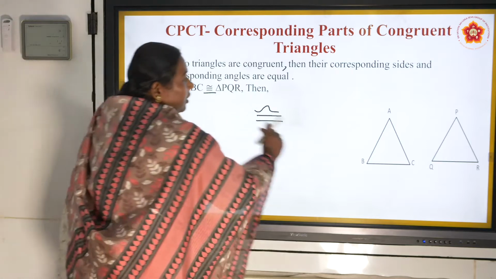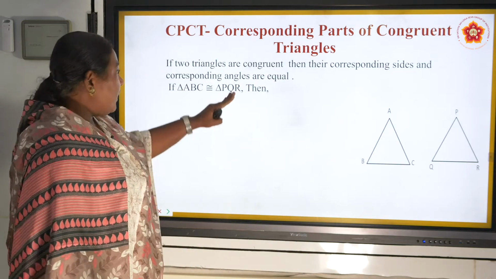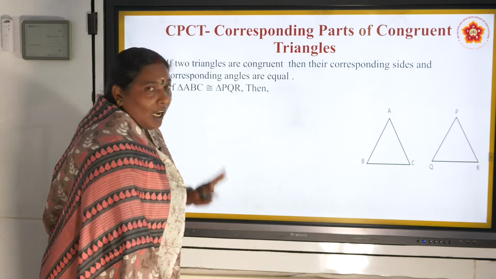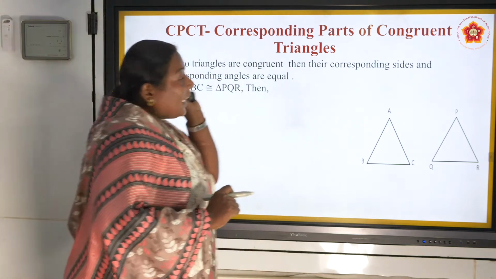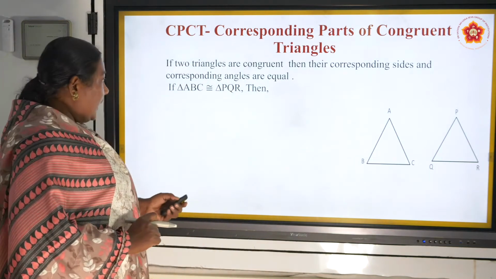Okay. So now let us write the next part. If triangle ABC is congruent to triangle PQR, what all can we write? Now, only they told that their corresponding sides will be equal and their corresponding angles will be equal.